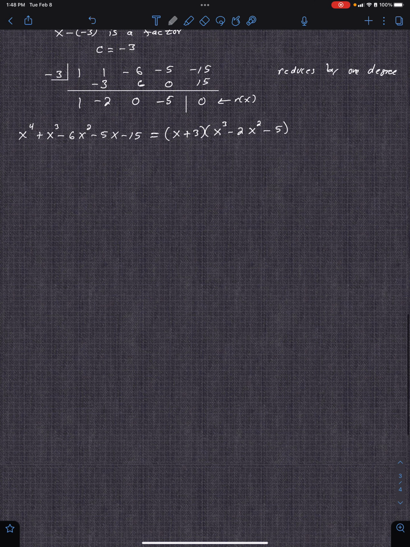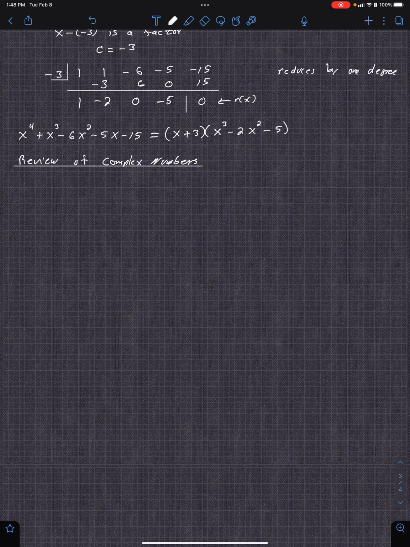Next, we're going to do a little review of complex numbers. Complex numbers are a bigger set than the real numbers. In other words, all of the real numbers are in the set of complex numbers.